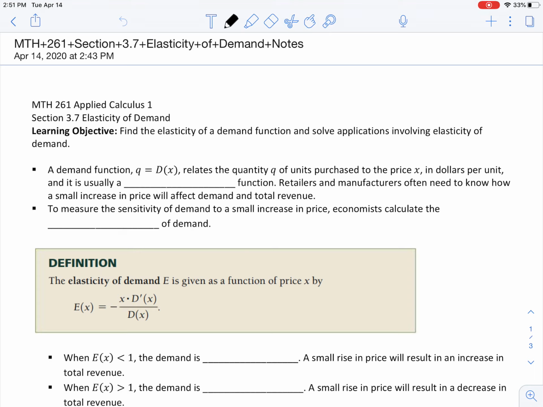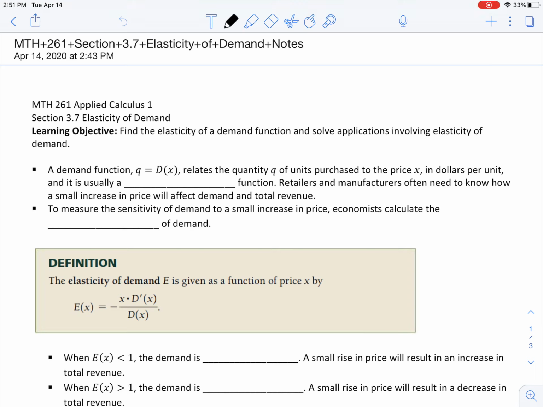The demand function, I think we did have one demand function example in the 3.6 notes. It relates the quantity Q of units purchased to the price x in dollars per unit. So think about it. Toilet paper is not a good example because if toilet paper gets more and more expensive, people will still buy it.